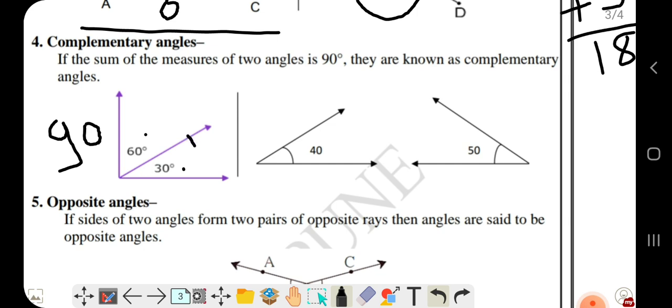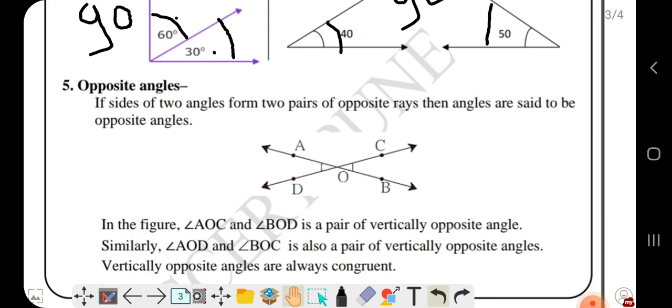These two angles will be called complementary to each other. Similarly, in this one, this angle is 50 and this one is 40. 50 plus 40 is 90. That's why these two angles will also be called complementary angles.